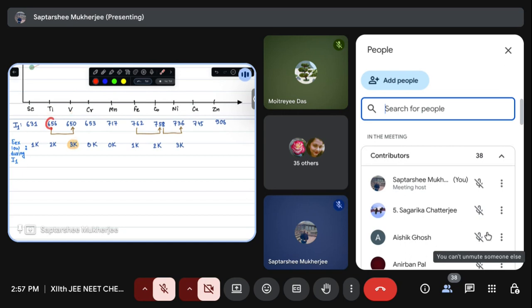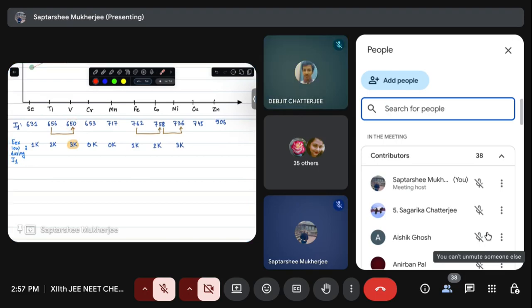From titanium to vanadium Z effective has increased, that should definitely increase my ionization energy, but also exchange energy gain has increased, and as a result overall, vanadium is getting a slight drop in the ionization energy value. Is that clear for everybody? Please let me know. Come on.